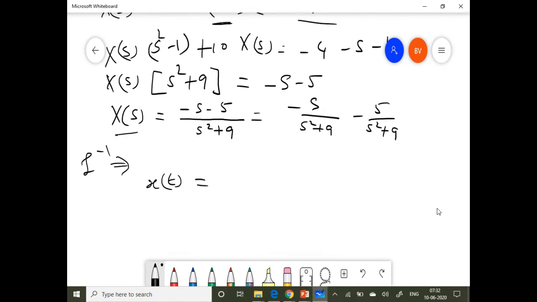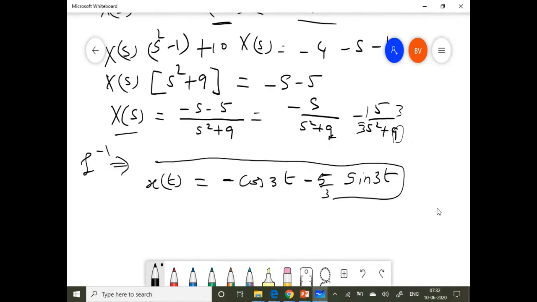Laplace inverse of this term, this is 3 square is 9, so it is negative cosine 3t. Minus 5, 5 is a constant, I keep it outside. But here this is 3 square is 9, so we need a 3 in the numerator divided by 3. So 5 over 3 sine 3t. That is x of t.